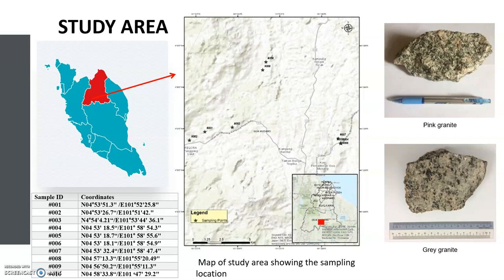The Gua Musang Formation is very well exposed in the northern part of Gua Musang. This formation consists of pre-Mesozoic metasediments such as shallow marine, argillaceous facies made up of phyllite, slate, and hornfels. In Gua Musang, two different granites are exposed: grey granites, slightly porphyritic, and pink granites.